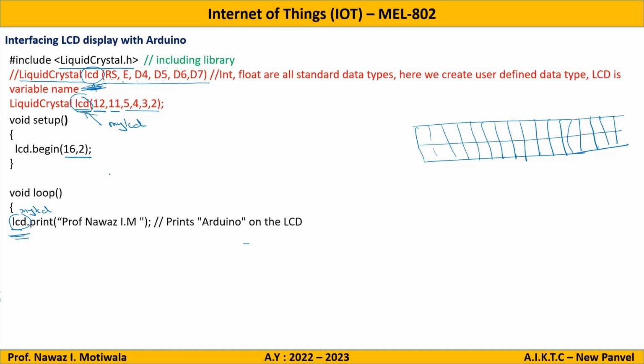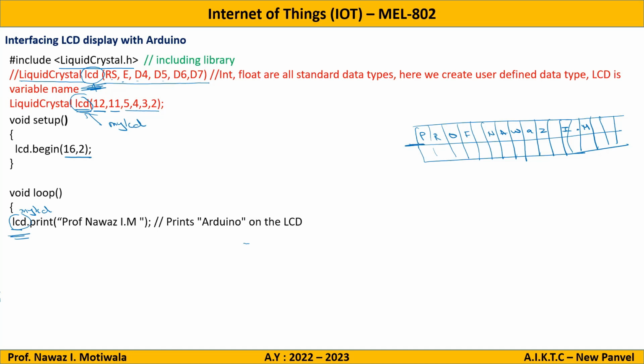If I don't mention anything, it will start from the first position. It will write like this: Prof, then space, then NAWAZ, then space, IN. So it will start from here only if I don't mention anything. Okay, that's the program. We can close the program here also.